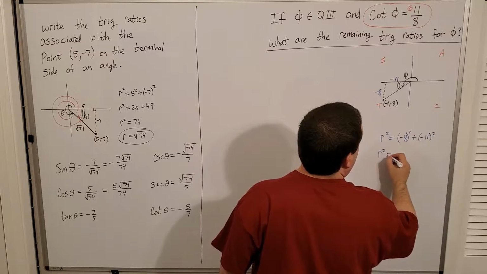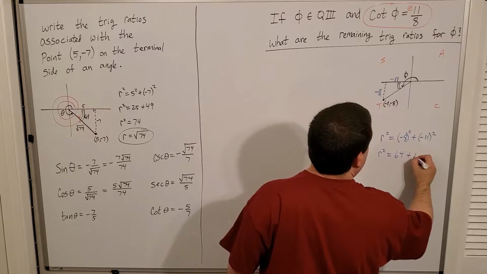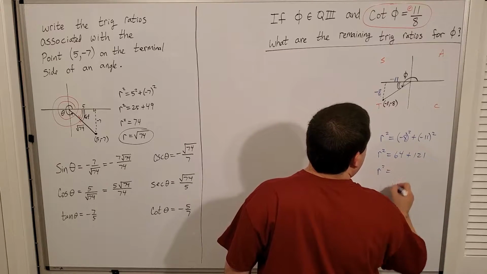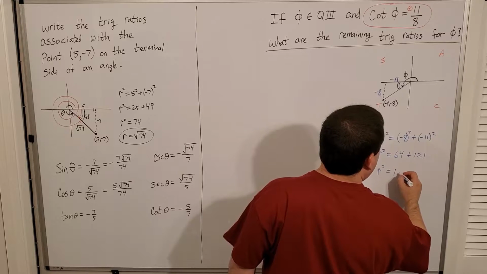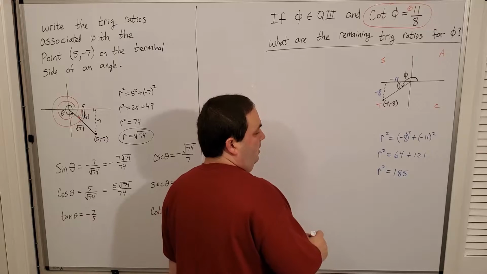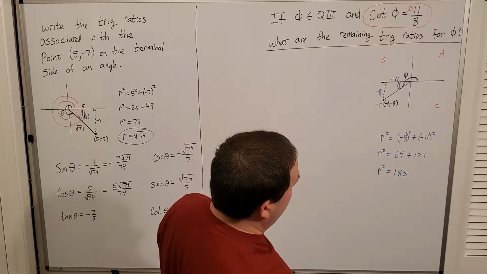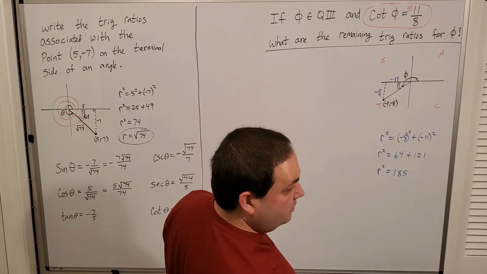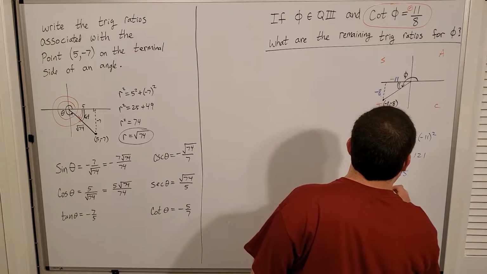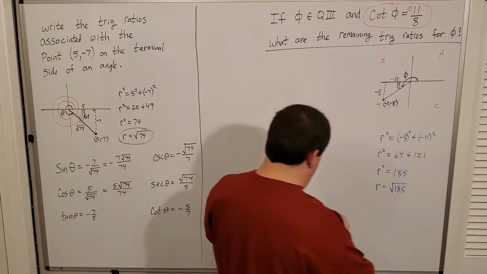So r squared is equal to 64 plus 121. r squared is going to be equal to 185. And let's see, 185 adds up to 14, so it's not divisible by any of those. So r is just going to be square root of 185.